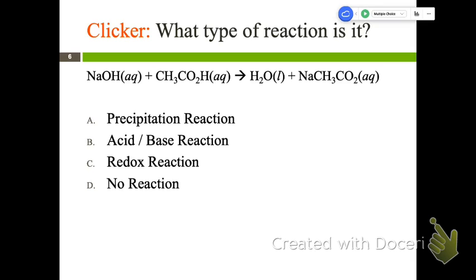So if we look at this reaction, can I have someone talk through how we look at the reaction that's written up here and make a decision for what type of reaction it is? Maybe talk through the process. Jay, you want to talk through the process you used to make a decision? Nice and loud, please.